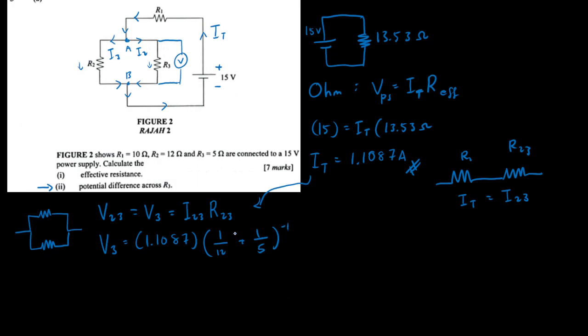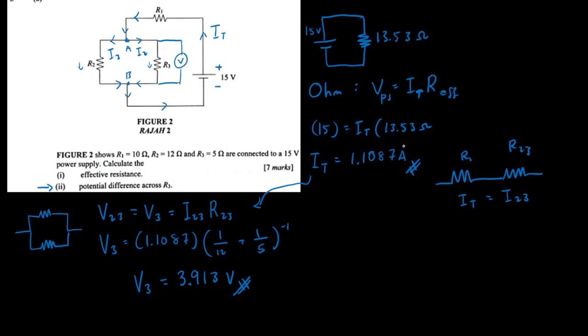From there, my potential difference across R3 is going to be approximately 3.913 volts.